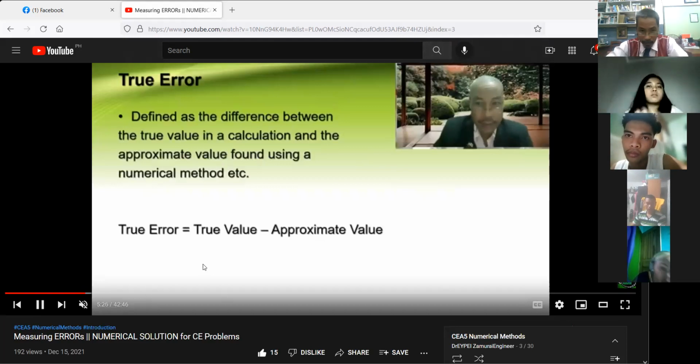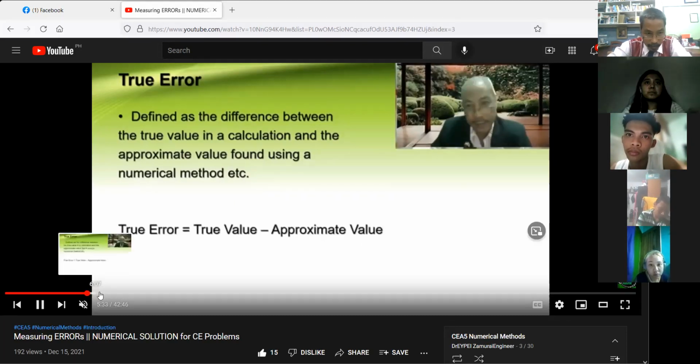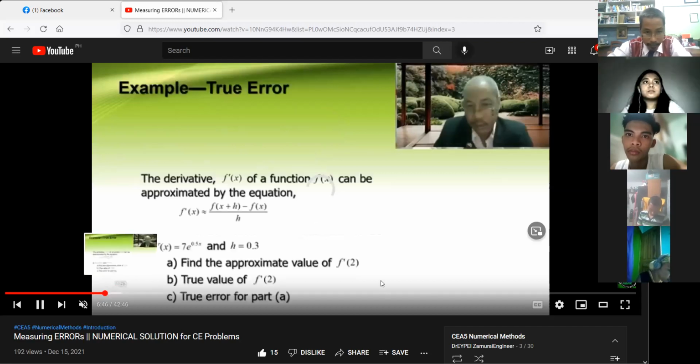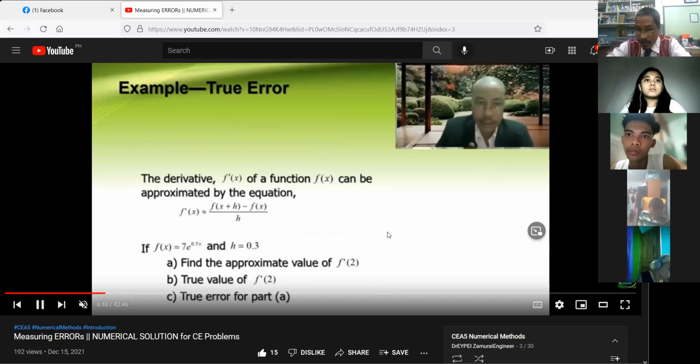Oh, we can practice. True error is equal to true value minus approximate value. So we can practice problem solving here. Okay, but that is very basic. Do we need to practice subtraction?